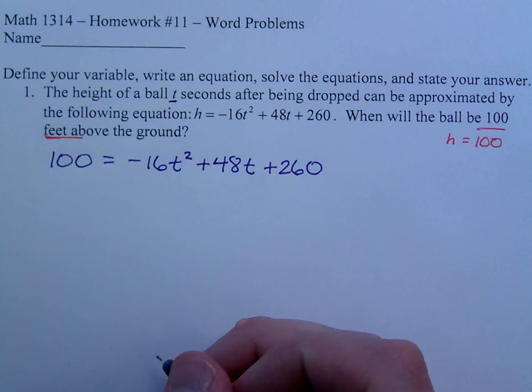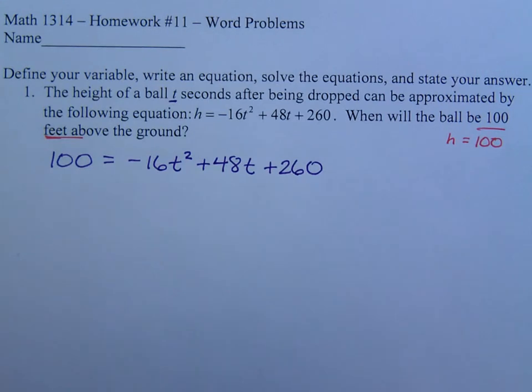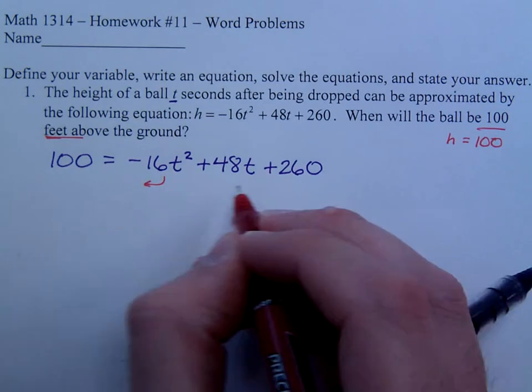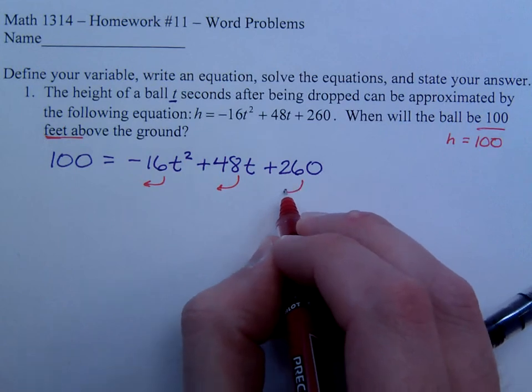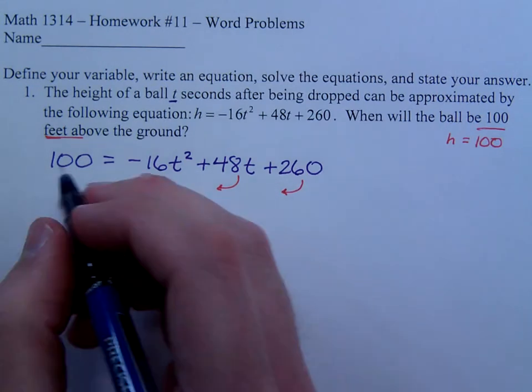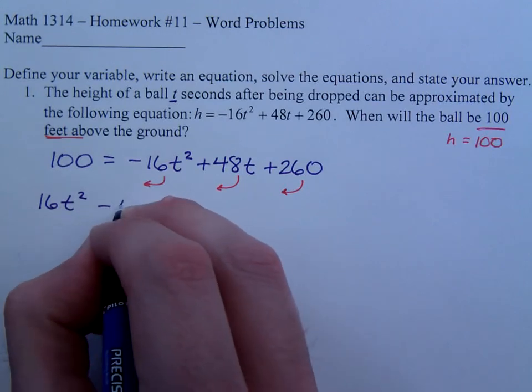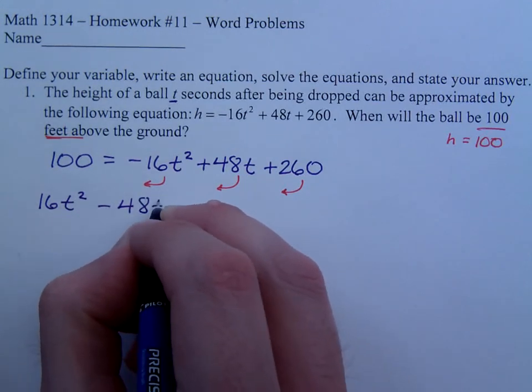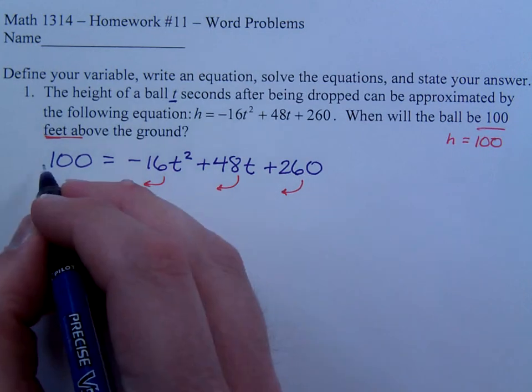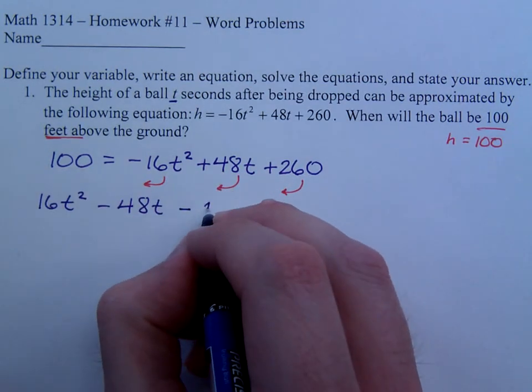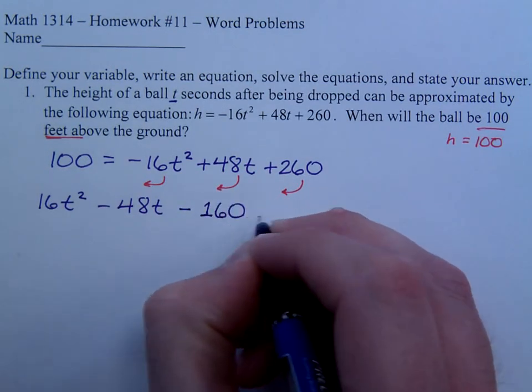I like to have my lead coefficient to be positive. So I'm actually going to move all of this stuff to the left side. So that becomes a positive 16t squared minus 48t. This becomes a negative 260. So it makes that a negative 160 when I combine those guys.